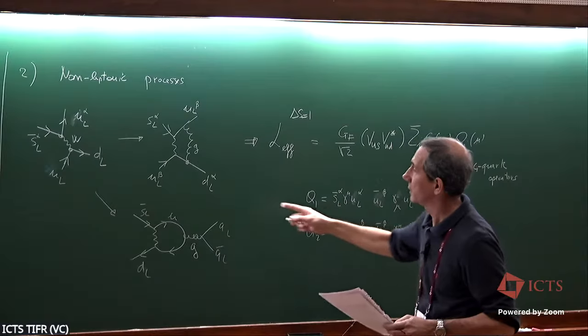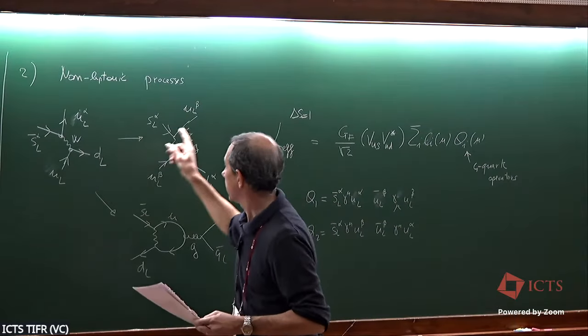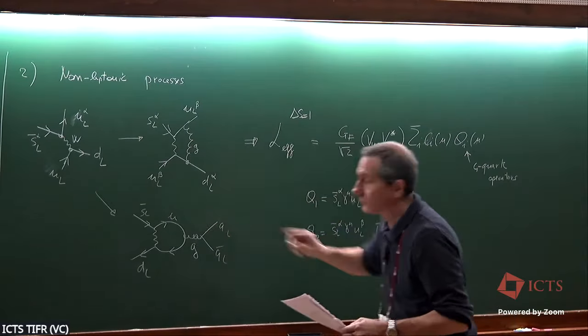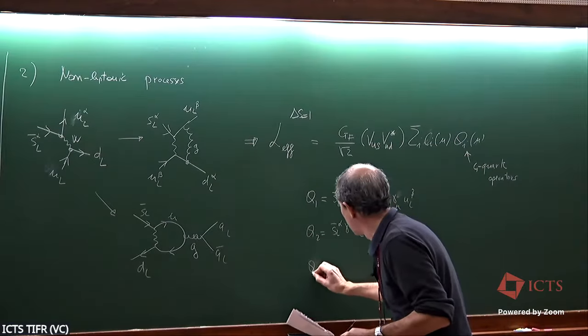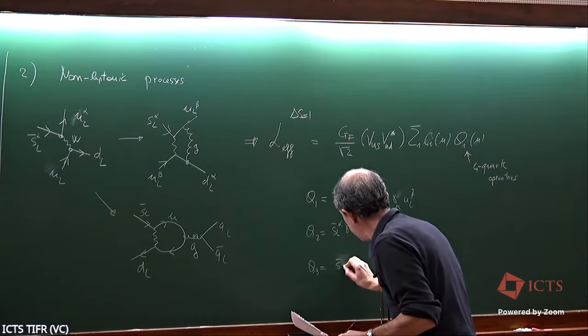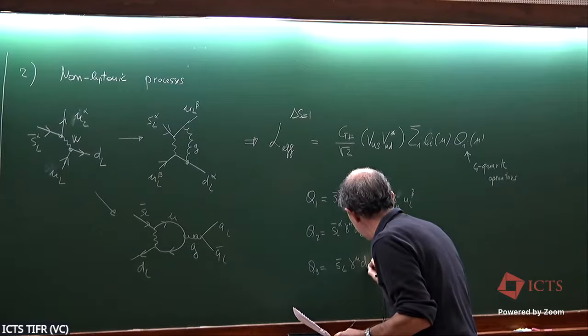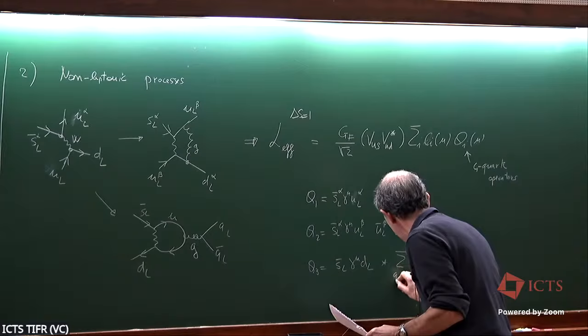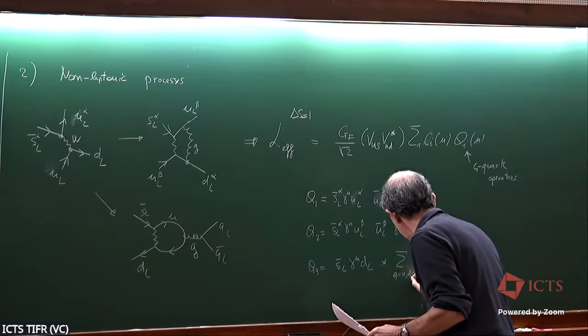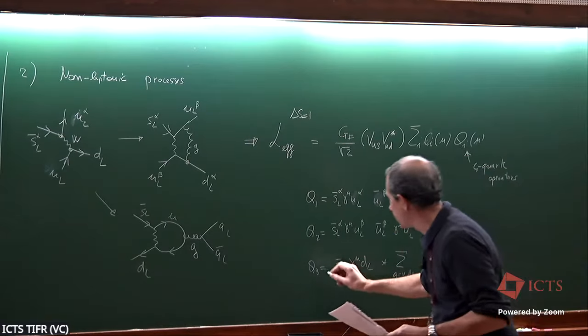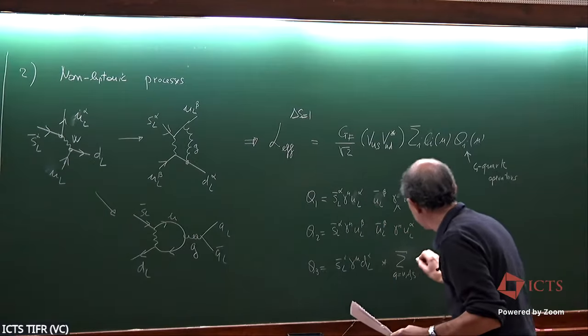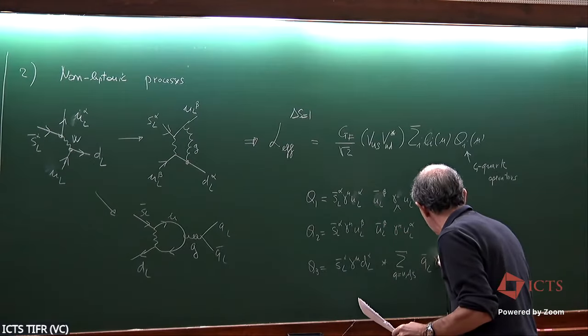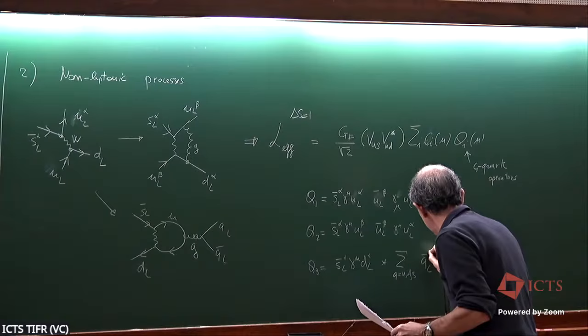These are the two things, for instance, that you get from these two diagrams. But then there are all these so-called penguin diagrams, which have the form S bar left gamma mu D left times a sum of the quarks U, D, S. For instance, Q3: here there is alpha alpha, and here there is Q bar left gamma mu Q left, beta beta.